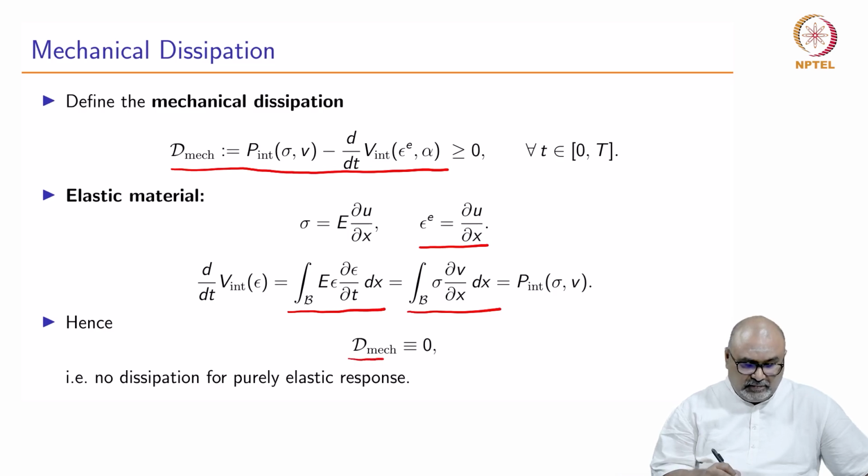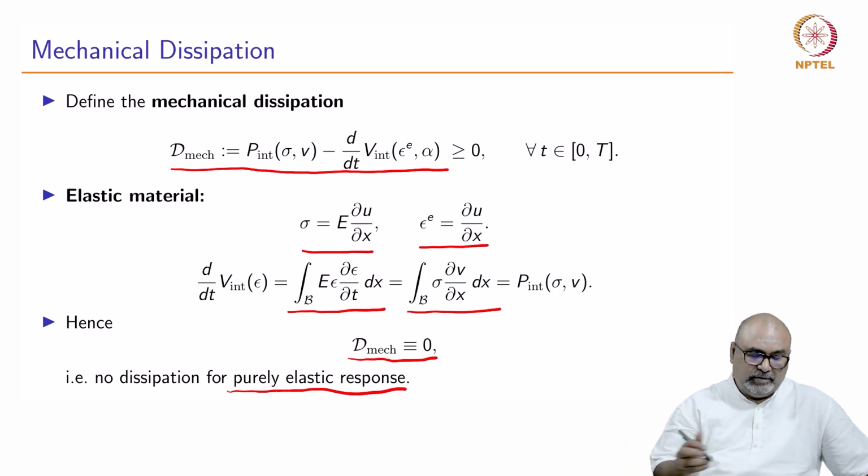Hence, D mech is equal to 0. The mechanical dissipation is 0 for a purely elastic response, when sigma is equal to E times epsilon E.